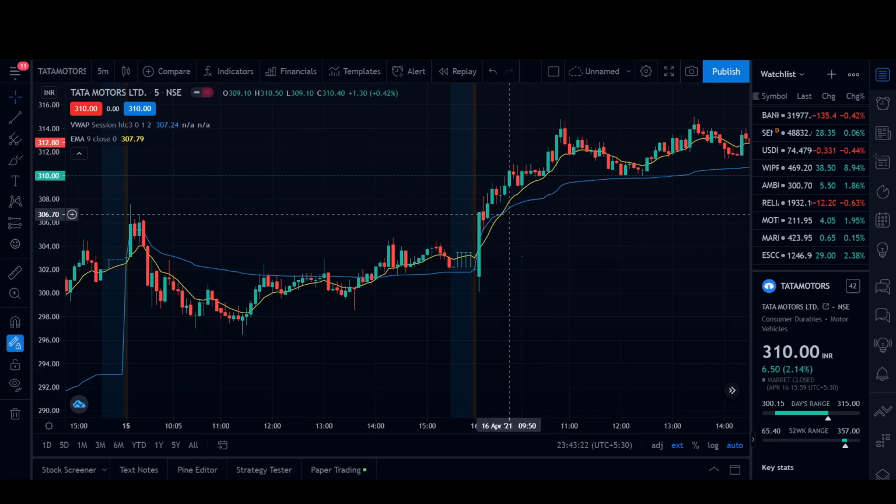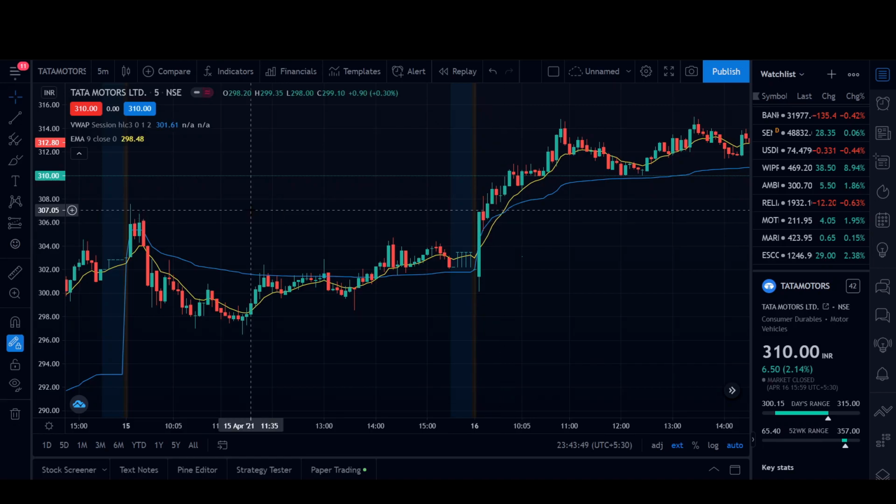So how are we going to enter a trade? When the 9 EMA cuts from below and stays above the VWAP, it indicates a bullish trend, and it creates an entry signal right here, at 9:40, which is a good time to enter.